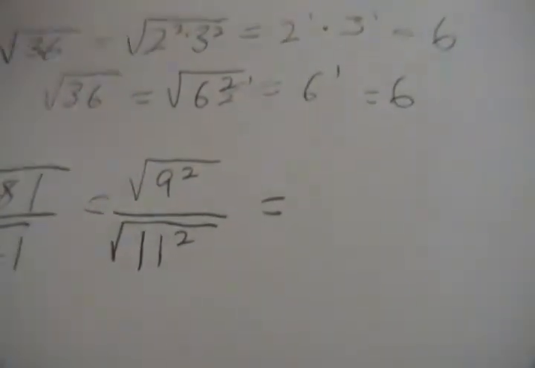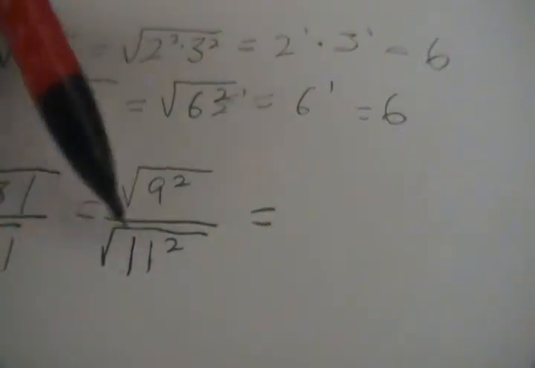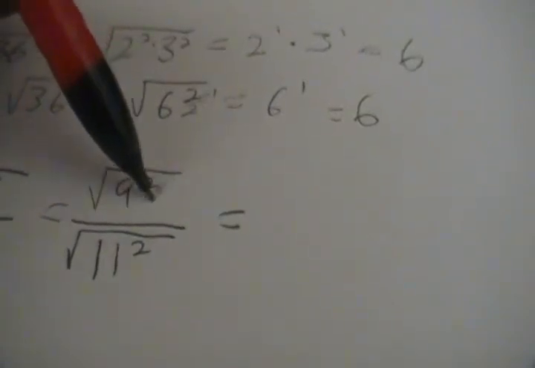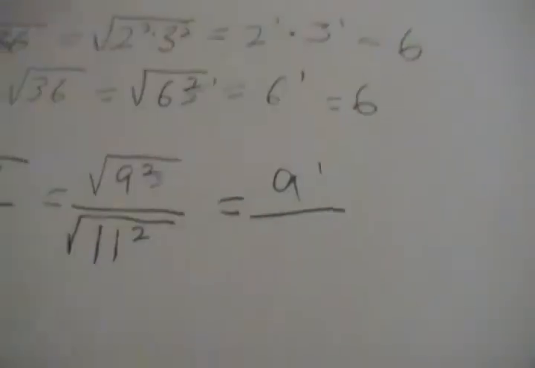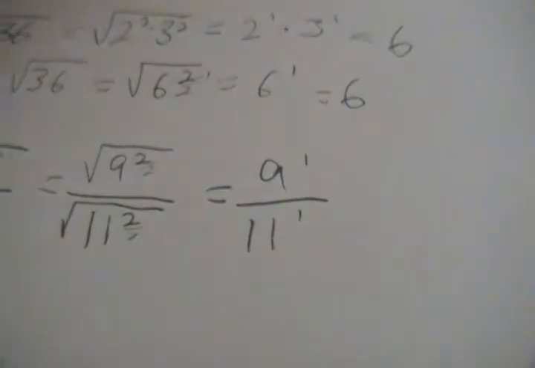So we have the square root of 9 squared over the square root of 11 squared. Since this is 9 squared, we can divide 2 by 2, so we get 9 to the 1 power. And the bottom part, 11 squared, we divide by 2, and then we get 11 to the 1 power.